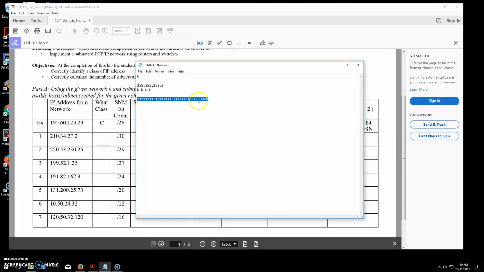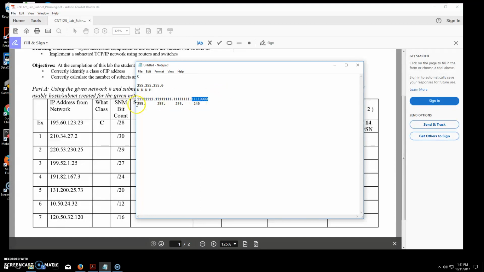So with that, if I convert it to decimal, first octet is 255. Second octet is 255. Third octet is 255. Last octet, I would need to convert that, or as I get more practice, I'll recognize that that is 240. This is where the binary conversions that we learned in 120 are coming in handy now.